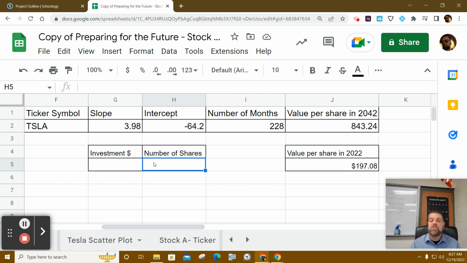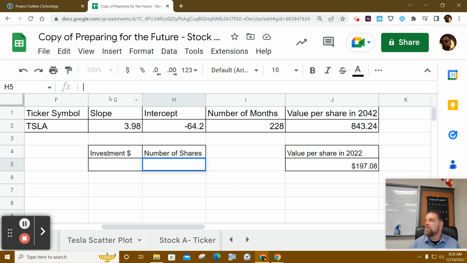Now, the number of shares, how do I figure out the number of shares? You have to divide your investment by your value, the very end value in 2022, and then you'll have your number of shares, and you multiply that by your value per share to get your net worth for George. Yeah, you got it.